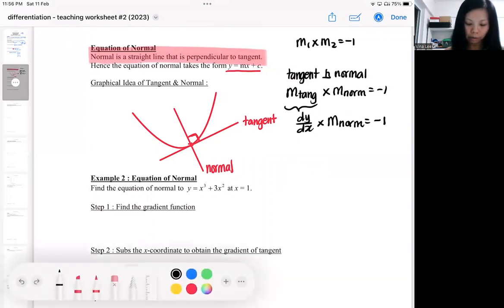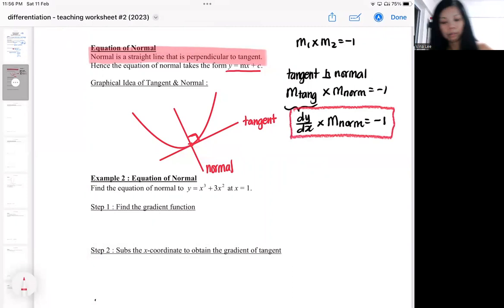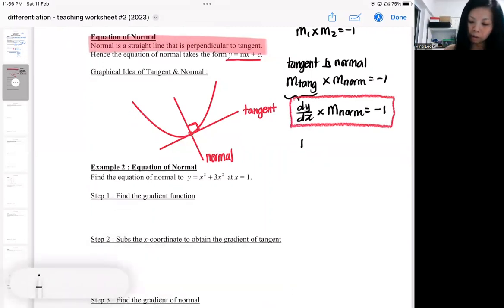So this is a formula that links the gradient of the tangent and the gradient of the normal. If you want to simplify a bit more, that means if you want the gradient of the normal, it will be -1 over dy/dx.